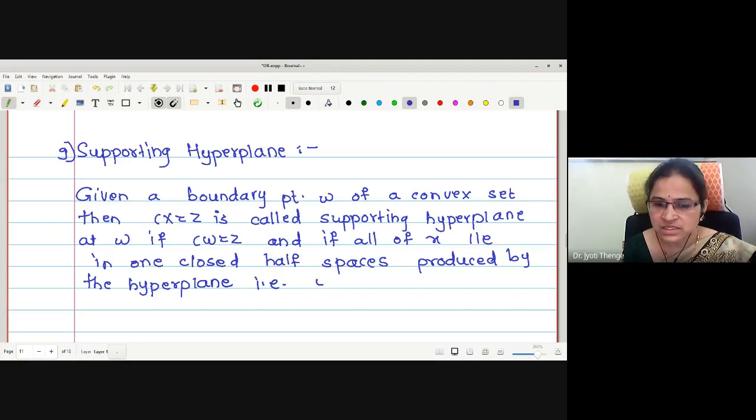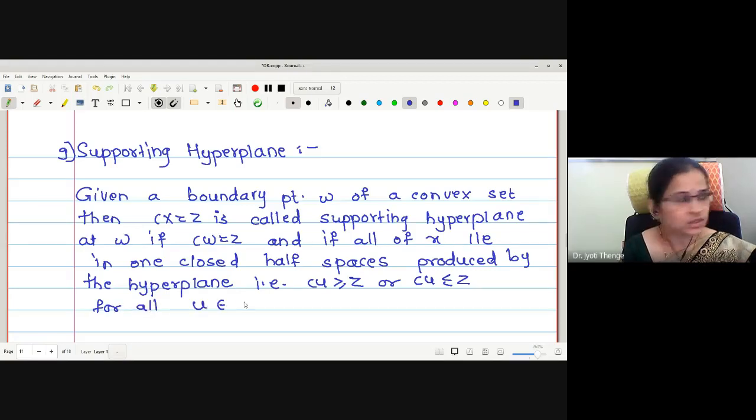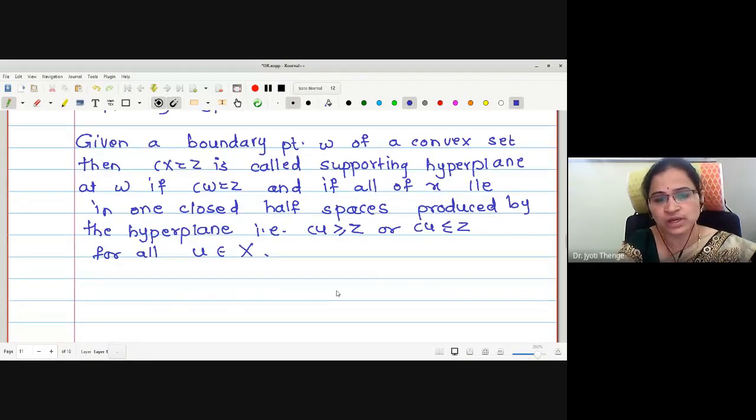That is, Cu is greater than or equal to Z, or Cu is less than or equal to Z, for all u in X. For all u in X.